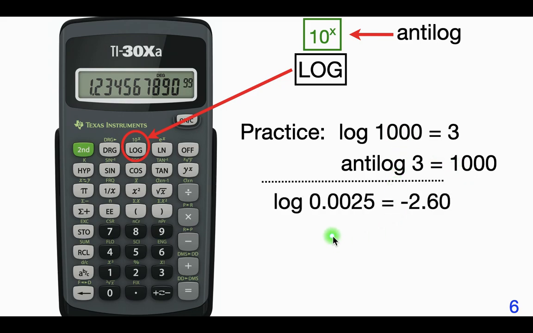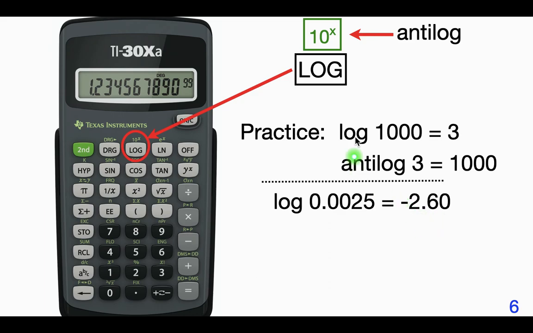Okay. Now let's try something else. So type in 0.0025 and take the logarithm of it, and you should get a negative 2.60. Notice it's a negative number here. Now we're not doing pH right now, we're just practicing with logarithms. But if it was pH, that negative sign, we would remove it because the pH is the negative logarithm, which means we would remove that negative sign.